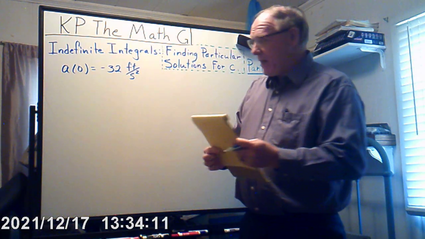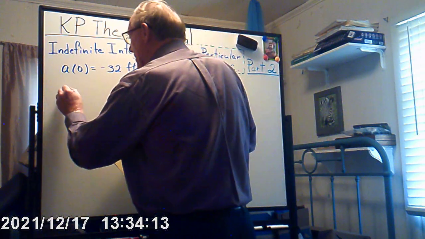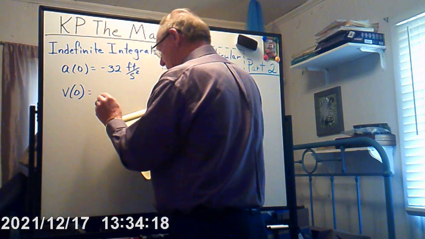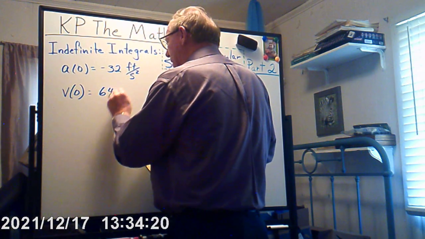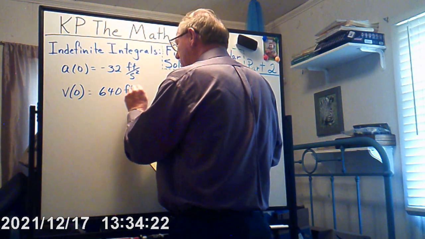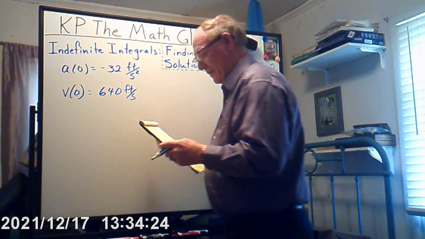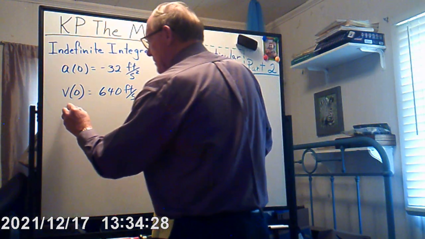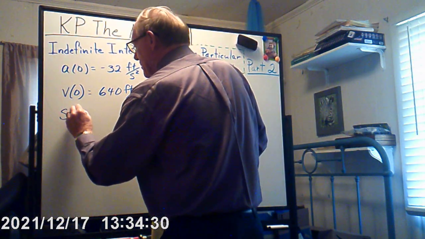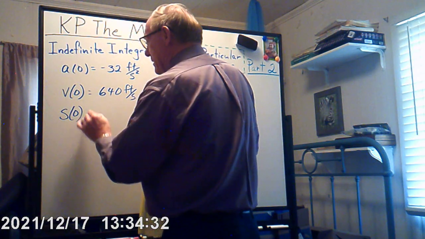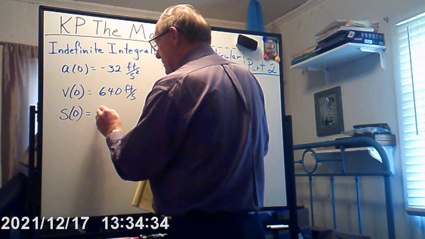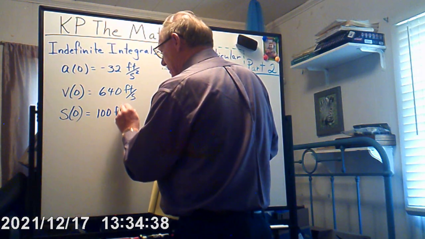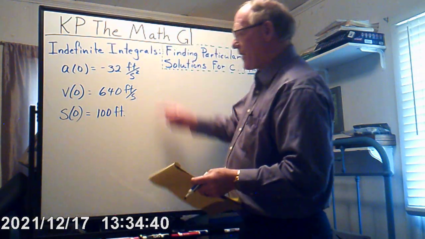The initial velocity, so v at 0, we're going to say is 640 feet per second. The initial height, that's s, that initial distance is 100 feet.